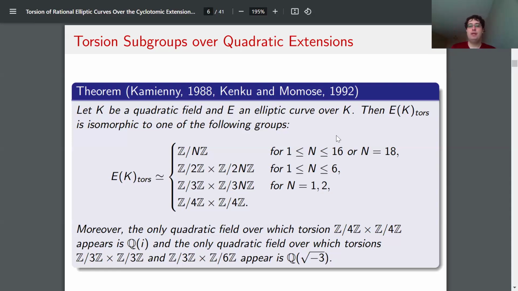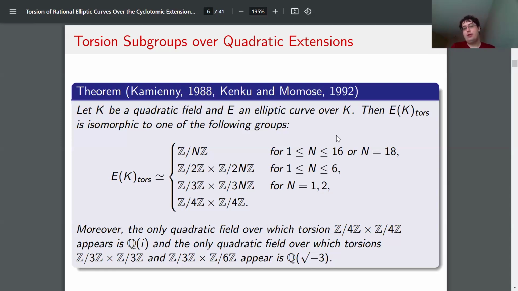And this is for a reason, because in general, due to something called Weil pairing, if Zn times Zn is contained in E(K) torsion for some field K and for some integer n, then we must have the nth root of unity inside the field K. So as you can see, in the Z/4 times Z/4 case, the fourth root of unity is i, so i must belong to K, and K is quadratic, so it is Q(i).